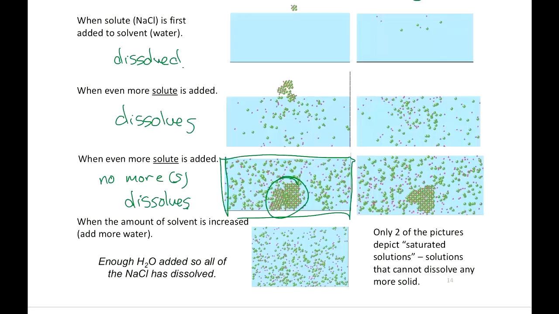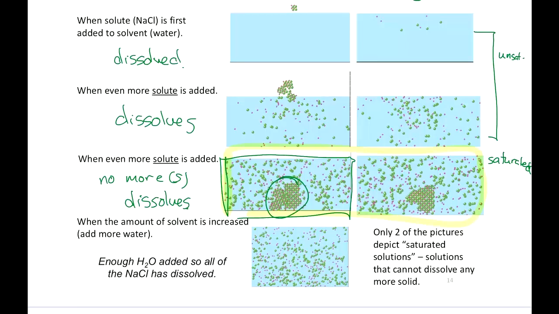All right, so of these pictures, these two are the only ones that are what we call saturated. These pictures are unsaturated solutions. When you work with chemical solutions in the lab, they're unsaturated solutions. If you go to the carboy or the cart and grab a 1 molarity NaCl solution, that is unsaturated.